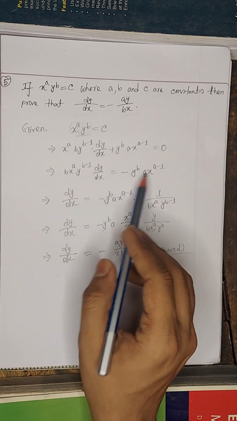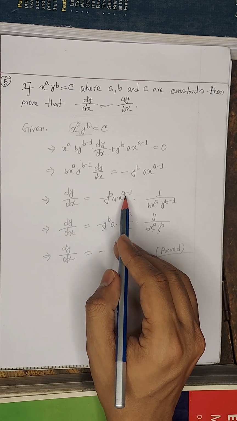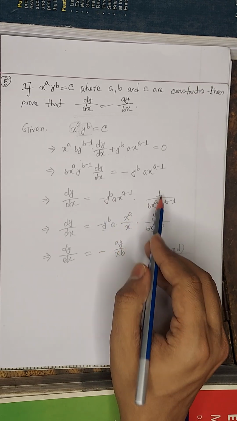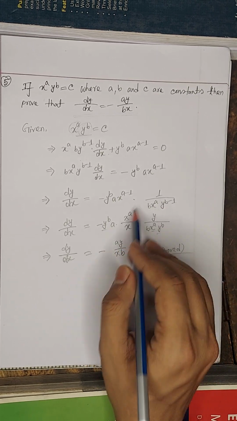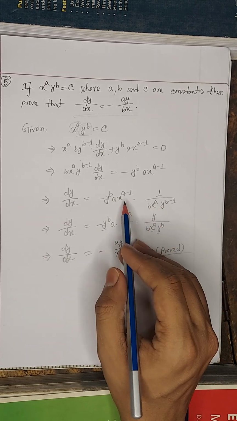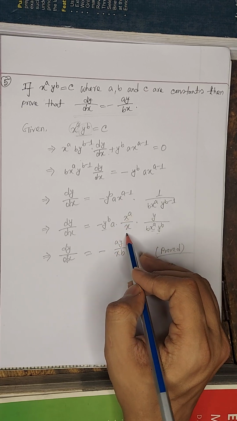And from this we find the value of dy/dx, which is minus y to the power b a x to the power a minus 1 times 1 divided by b x to the power a y to the power b minus 1. And cancelling, notice here the a x to the power a minus 1 becomes x to the power a divided by x, right?